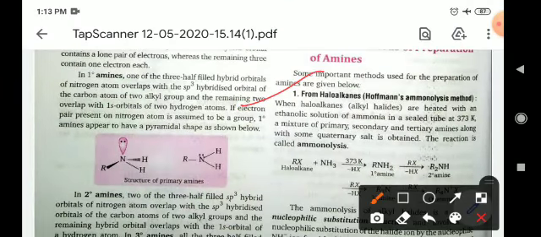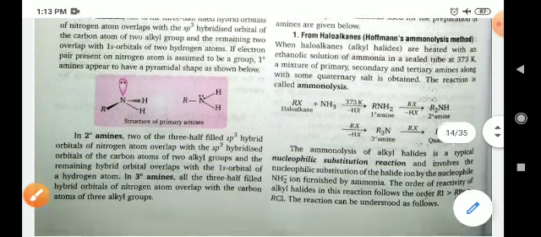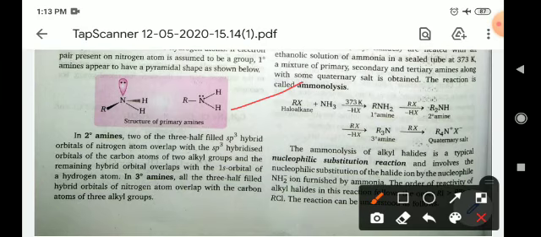From haloalkanes, that is known as the Hofmann ammonolysis method. In this reaction, alkyl halide RX, in which you can take CH3Cl, reacts with NH3, then after removal of one H and one X, it will form RNH2.